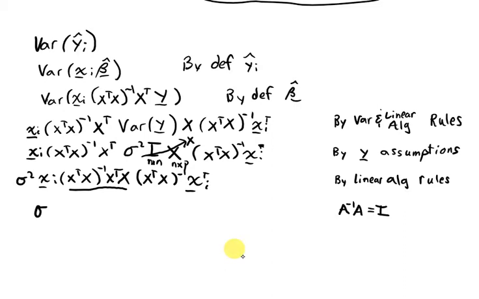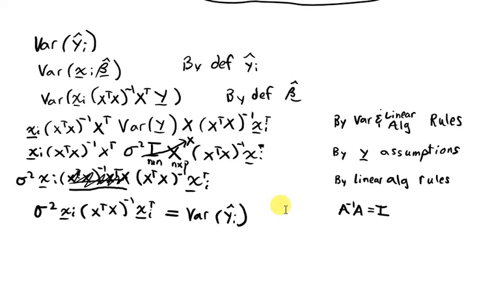Again, please look up linear algebra rules if you find this part confusing. So these two basically cancel each other out. This comes down here, the x transpose x inverse, and then we have x_i bar transpose. We can't simplify this any further. This is our desired result, the variance of y_i hat.